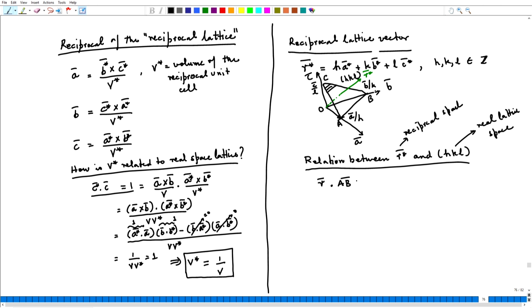Now, vector R star, I can write it as H A star plus K B star plus L C star, and the vector AB, I can break this up into two vectors and write it as AO plus OB.